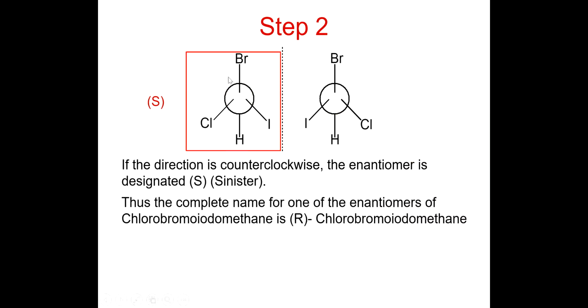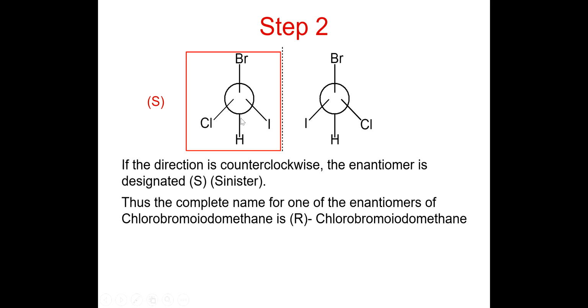For example, here, for this one, the carbon atom is linked with chlorine, bromine, iodine, and hydrogen, right? Now the priority of the four atoms is iodine, bigger than bromine, bigger than chlorine, bigger than hydrogen.